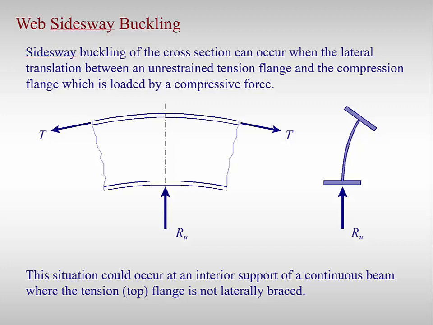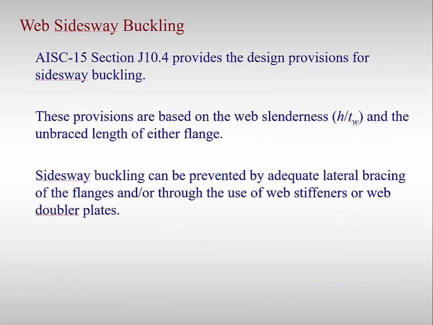Web sidesway buckling can occur in beams that are supported on top of columns. Basically, the beam bends over the top of the column and the top flange goes into compression. This can cause the top flange to buckle sideways and/or the top of the column to kick out. The provisions for web sidesway buckling are given in section J10.4.